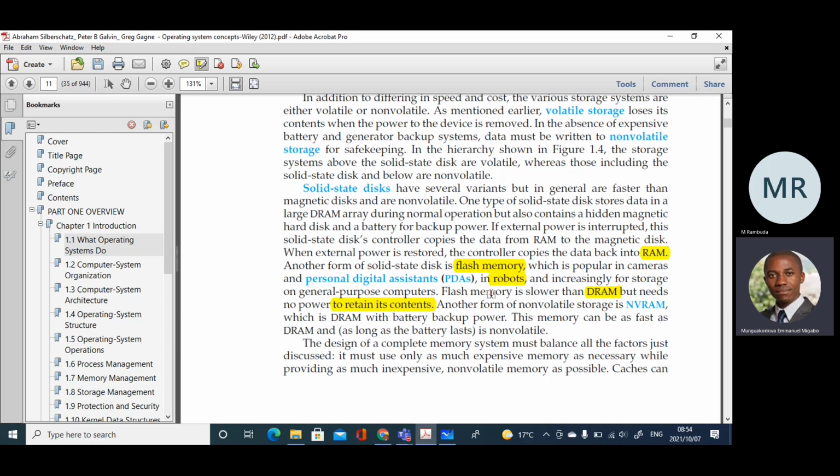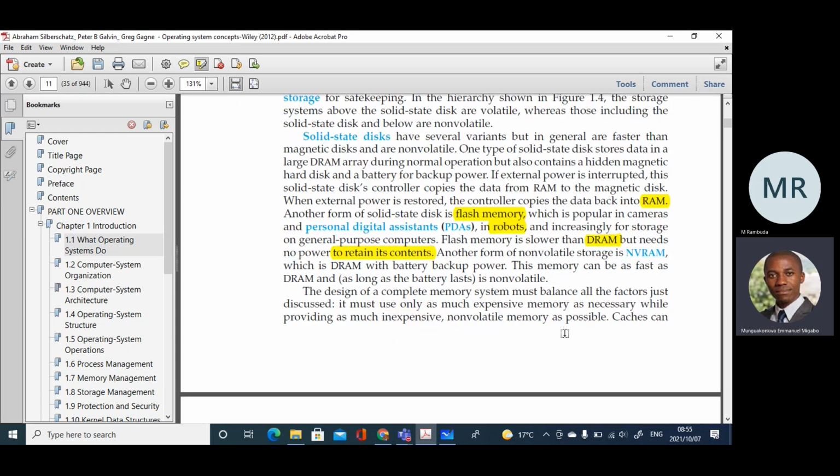A supercap is capable of retaining some voltage even when power is off. The design of a complete memory system must balance all the factors just discussed, meaning speed and cost. It must use only as much expensive memory as necessary, while providing as much inexpensive non-volatile memory as possible. That's a good way to summarize it.